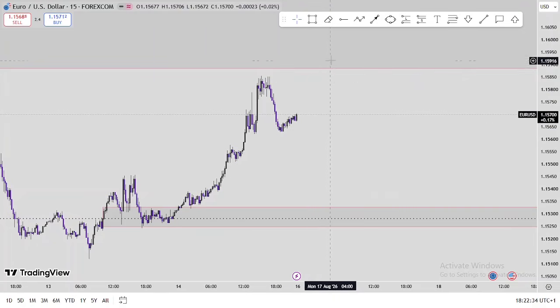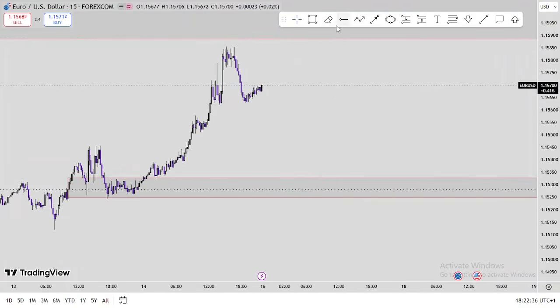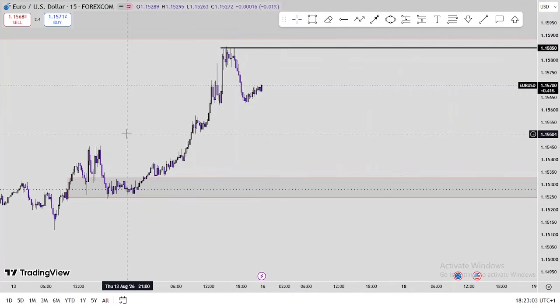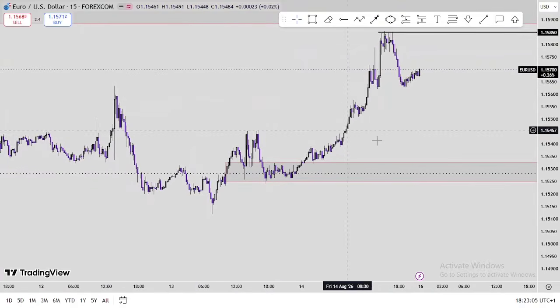But going into next week, again, we just look for price to tap into these areas before coming back to maybe supply areas here in the 15 minutes before we look for buys, or back down to this area because of the 4H context. So yeah, that's what I am looking for on the EU.